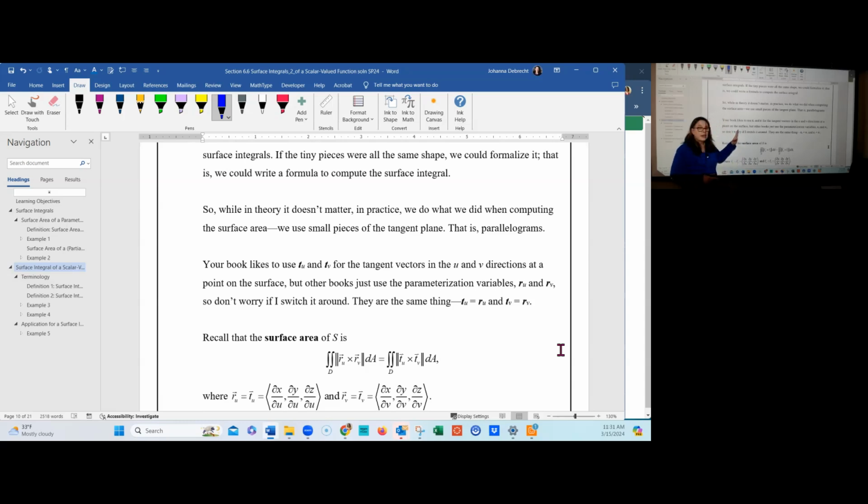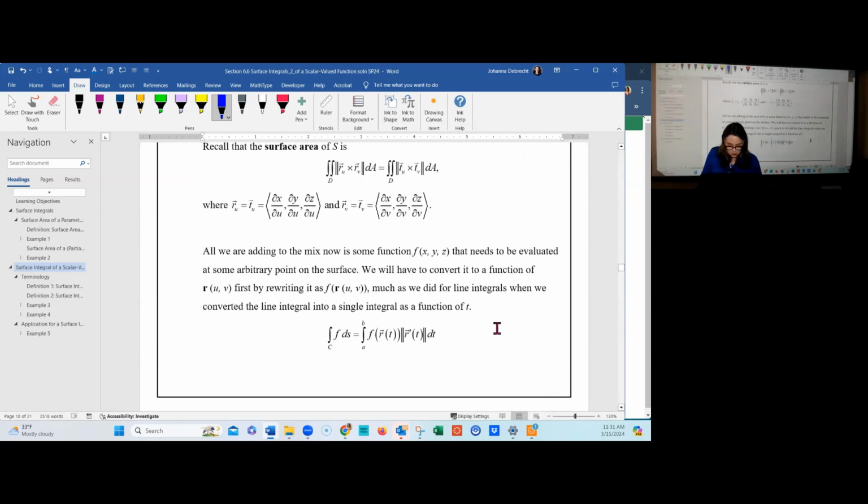Now, remember that in the textbook, they often use t sub u in place of the partial of r with respect to u, and t sub v in place of the partial of r with respect to v, where r is the parameterization of the surface. When we did surface area, we computed the double integral of the magnitude of the normal vector with respect to the area differential.